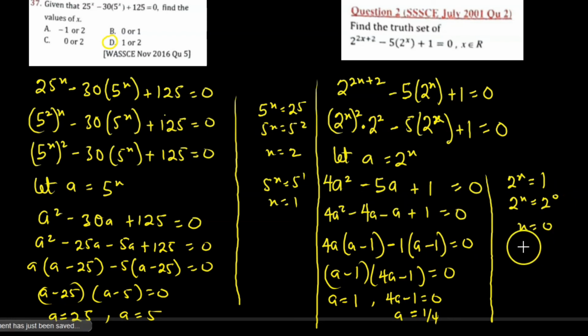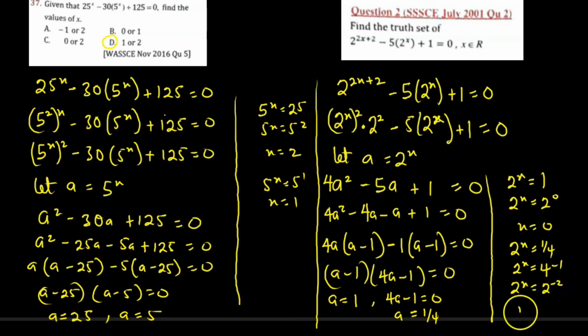Or getting the other value for a, then we have 2 to the power x equal to 1 on 4, which is 2 to the power x equal to 4 to the power negative 1. But this can also be written as 2 to the power negative 2, and hence x equal to negative 2 for the solution.